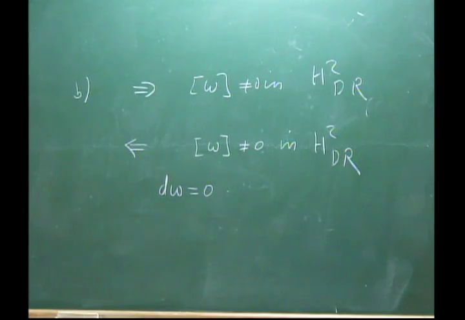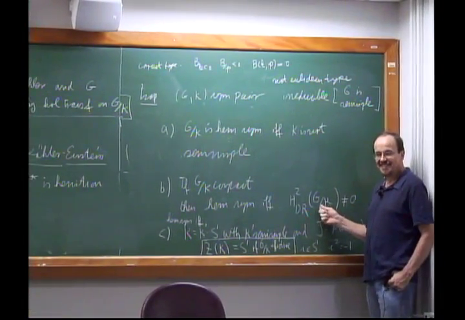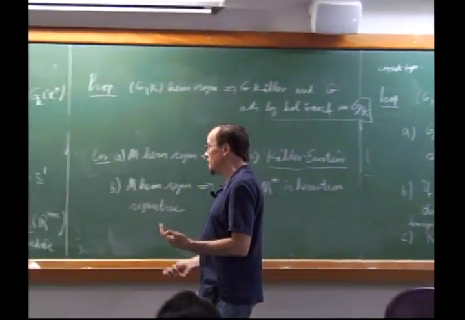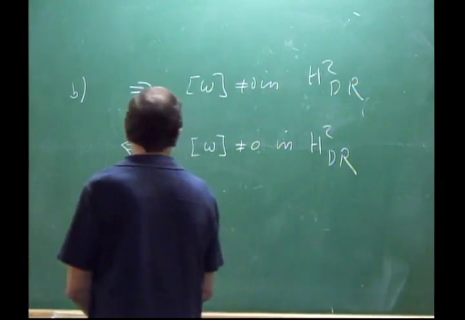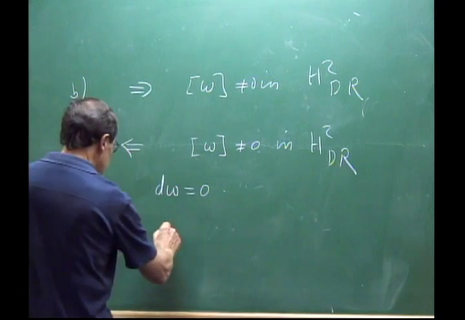There's some class in here which doesn't vanish. So a closed form in here doesn't vanish. I want to construct from that a complex structure. And in the end, omega will have to be a symplectic form. So the first thing I do is I claim that I can average forms. I want to make omega G-invariant. So how to do that? I integrate.